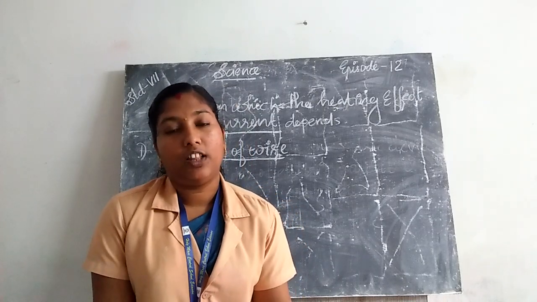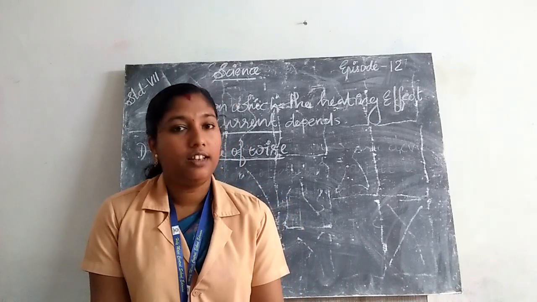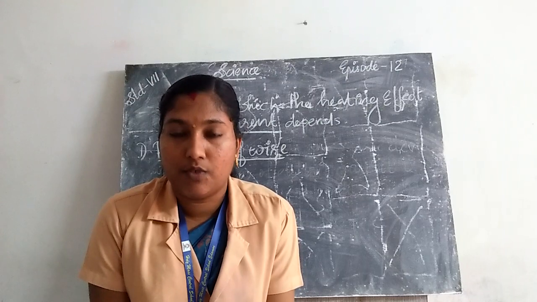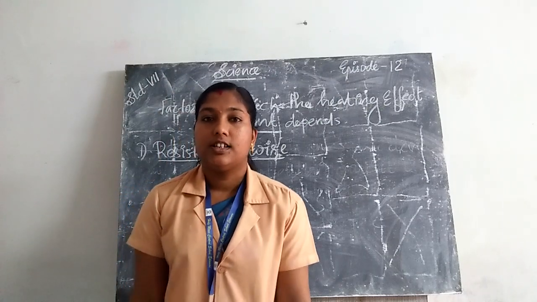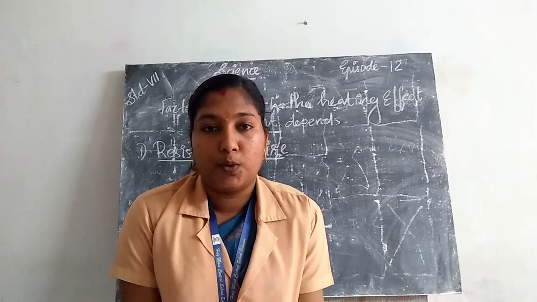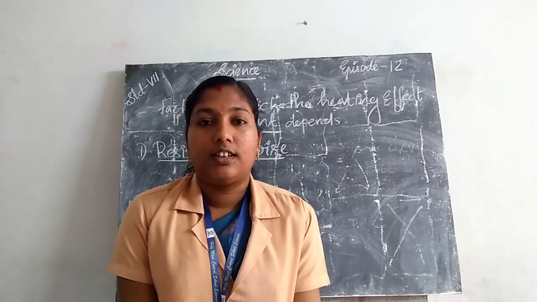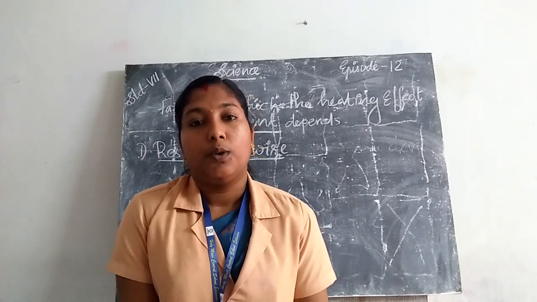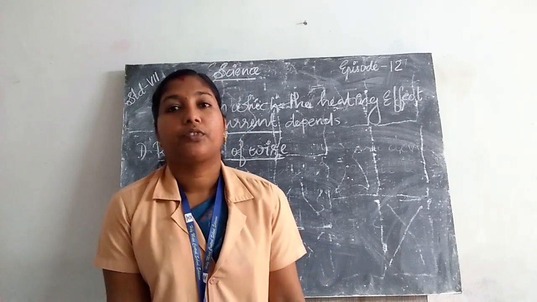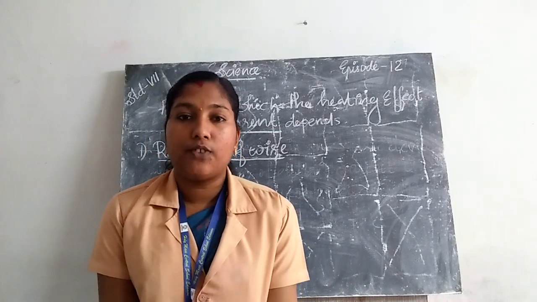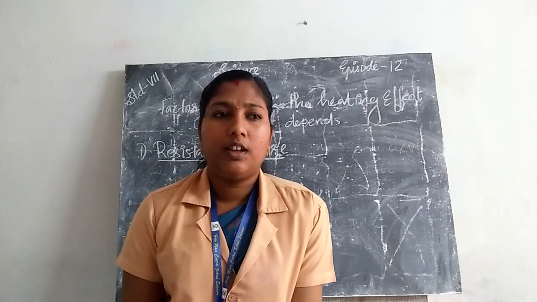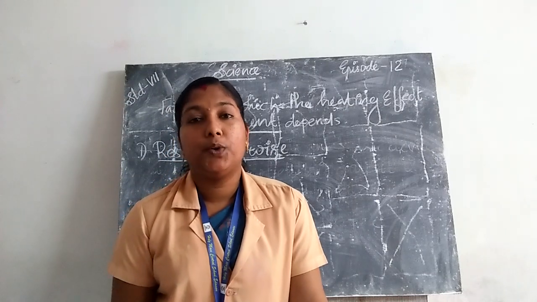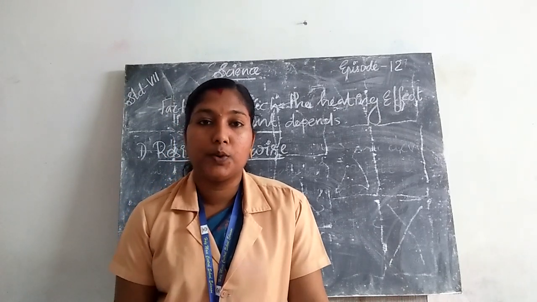Then we learned about the factors the heating effect of electric current depends on. The first factor is the resistance of the wire. What do you mean by resistance? The degree to which a material opposes the passage of current through itself is called resistance. If the resistance of a wire is greater, the heat produced becomes greater.